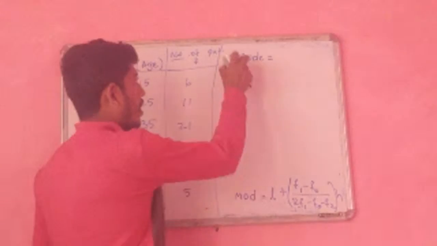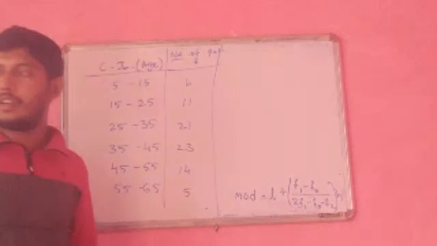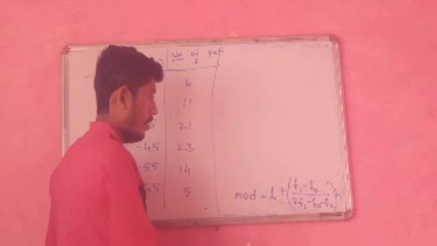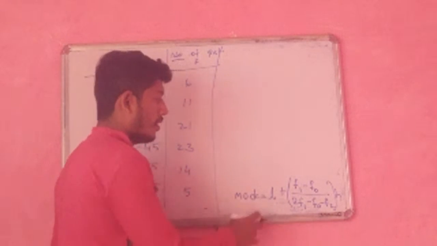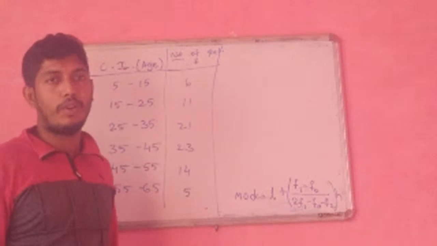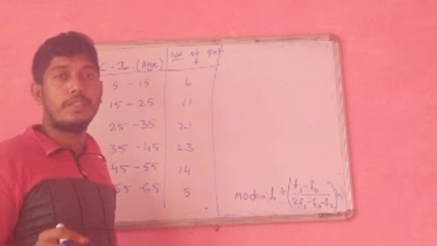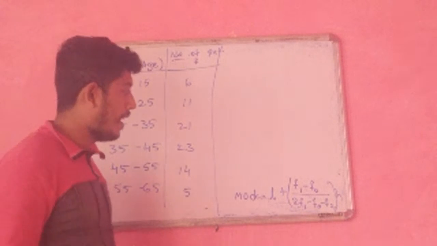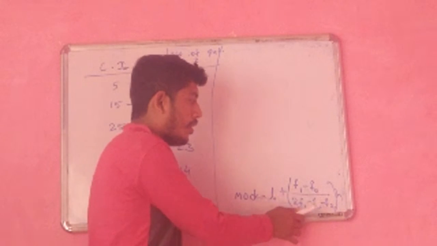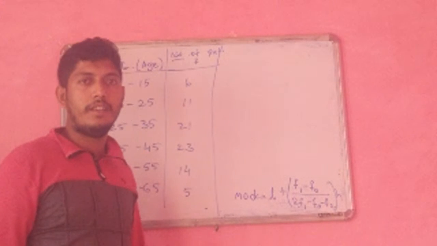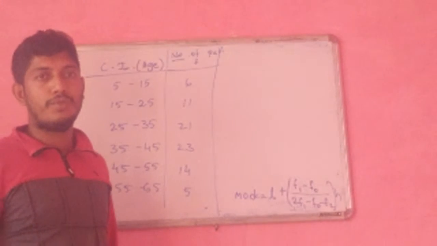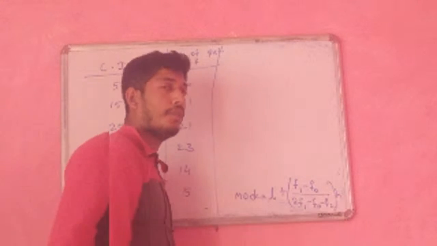Now here we have different terms. L means lower limit. There are many lower limits present, and we have to find which is required here. Then F1, F0 and F2 are the frequencies of the table, and H means the width of the data.